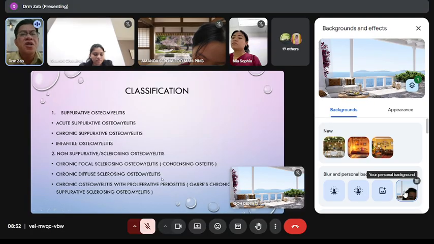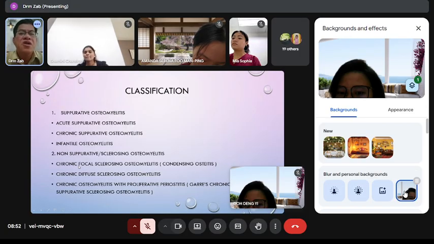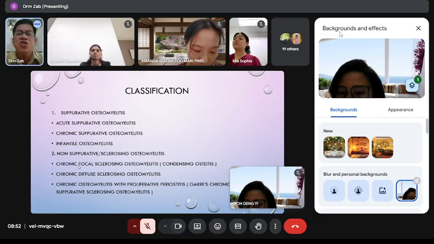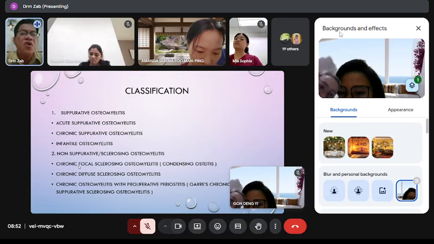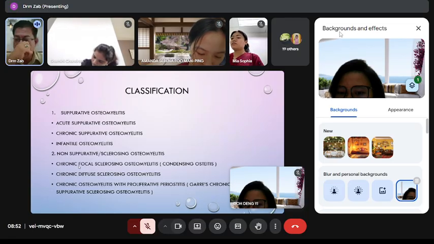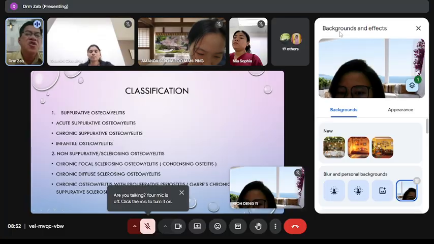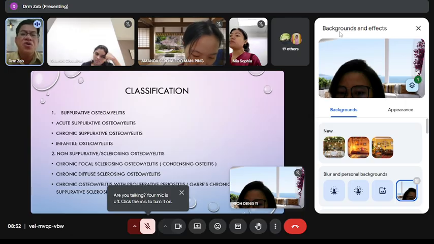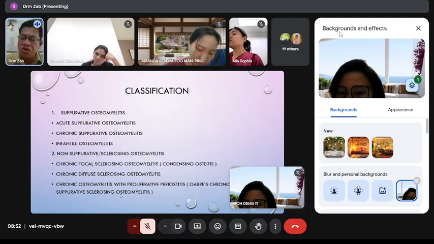Here for non-suppurative sclerosing osteomyelitis, you may have chronic focal sclerosing osteomyelitis, or what we call condensing osteitis. Then you may have chronic diffuse. One is focal, the other one is diffuse. And then you may also have what we call Garre osteomyelitis, right? So remember these three: chronic focal sclerosing osteomyelitis, chronic diffuse sclerosing osteomyelitis, and Garre osteomyelitis.